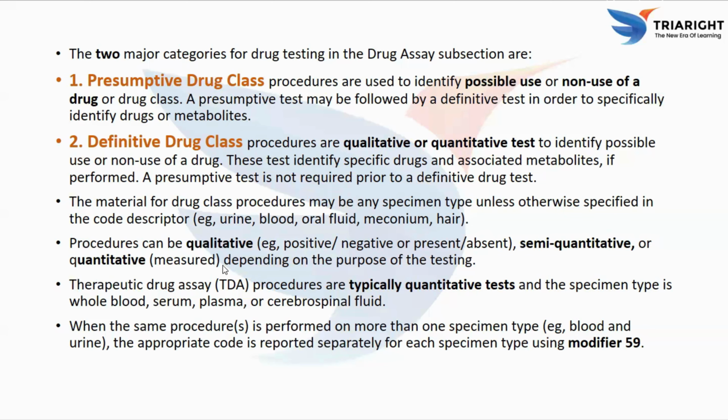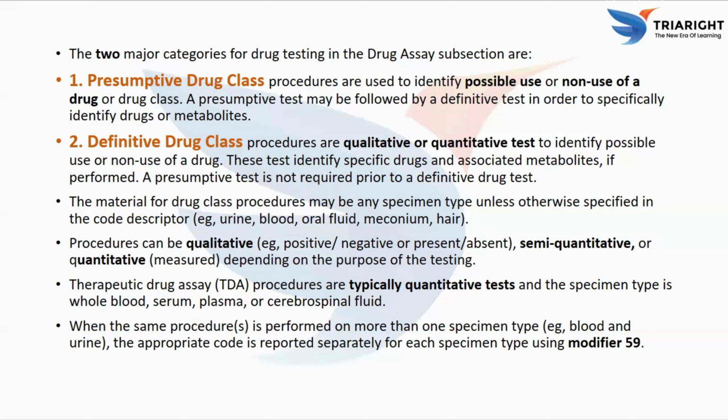So what are the types of results here? Depending upon the testing purpose, results may vary. They may be qualitative, whether positive or negative, semi-quantitative, the approximate amount, or quantitative, the exact measured level. And therapeutic drug assay, TDA. What is the purpose of TDA? It monitors known and prescribed medications.